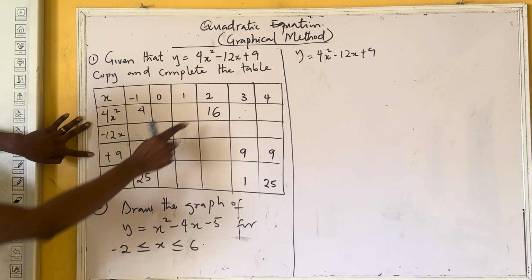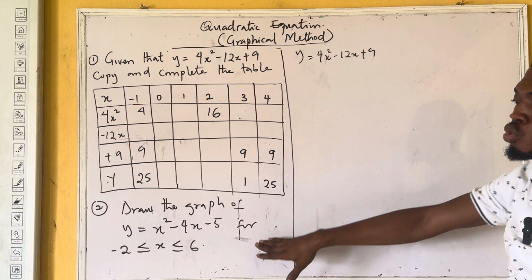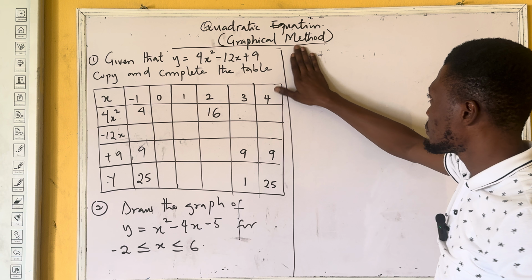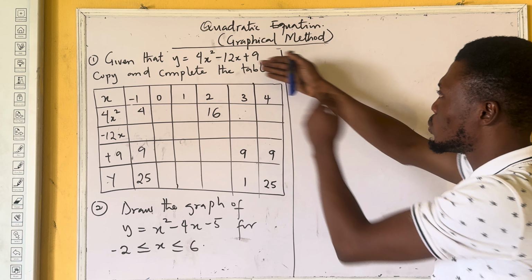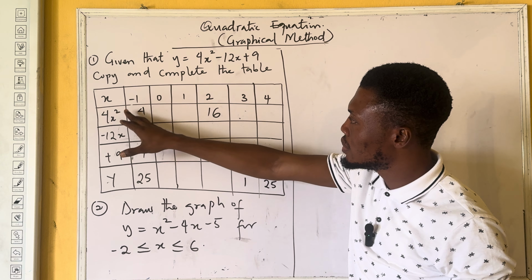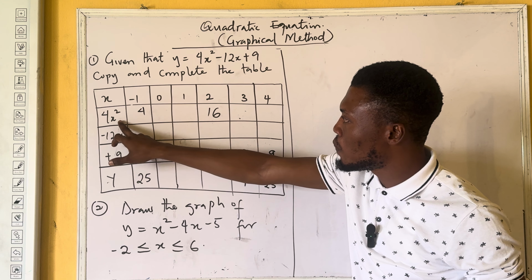So what does that mean? Now x is minus 1. Since x is minus 1, you substitute minus 1 for x here. You might not necessarily use this equation to solve, so I'll use this method to solve for the second question. After I define the equation, we are told that x is minus 1, then 4x squared is 4.